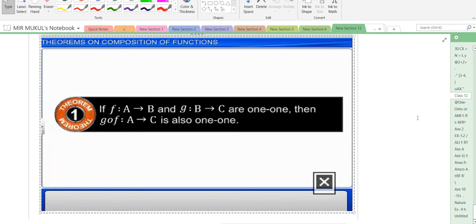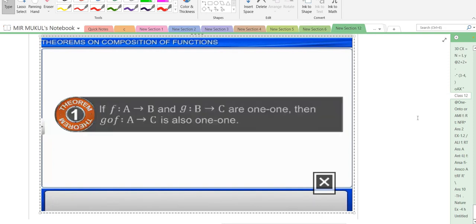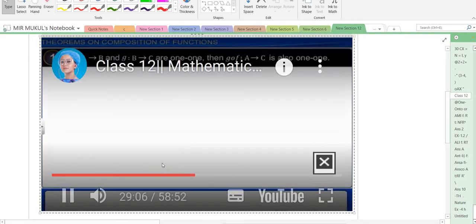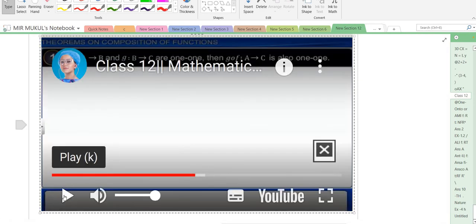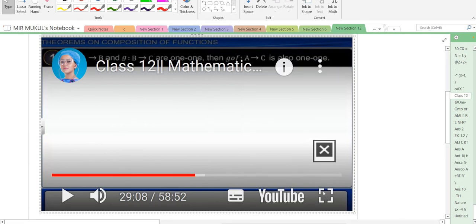If f is a function from A to B and g is a function from B to C, such that both are one-one, then the composition of f and g is also one-one. Let's recall, when is a function said to be invertible? Here one more point is required.